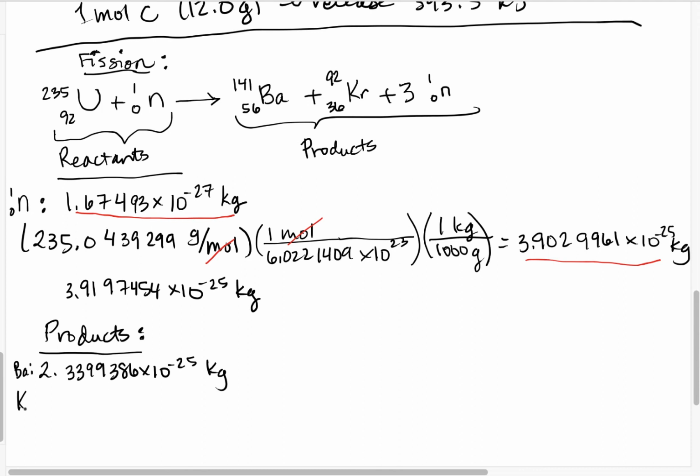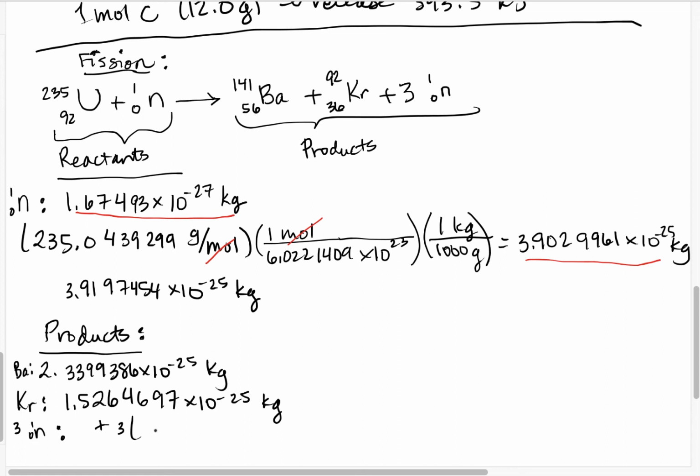The krypton turns out to be 1.5264697 times 10 to the minus 25 kilograms. And then we have 3 neutrons, and so I'm not going to write those in.